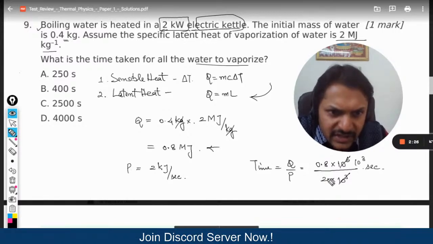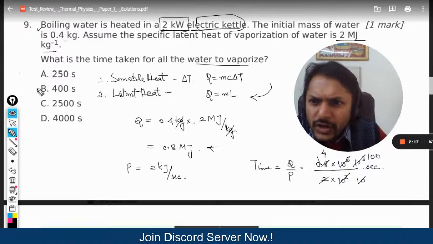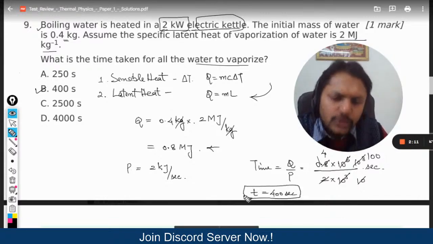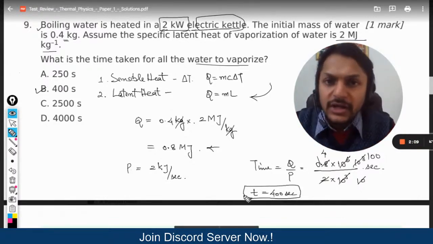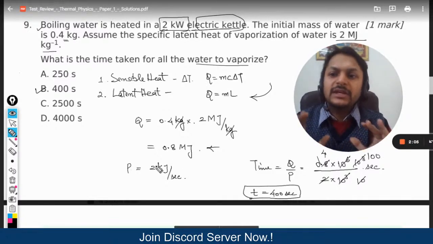This is 3, and we remove the decimal. This becomes a 4, and this becomes 100. So it's 400 seconds. So I think the time that will be taken to evaporate that much of the water in this kettle is 400 seconds. So our answer will be B.